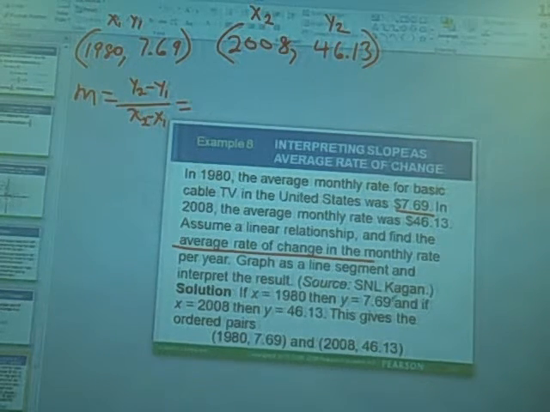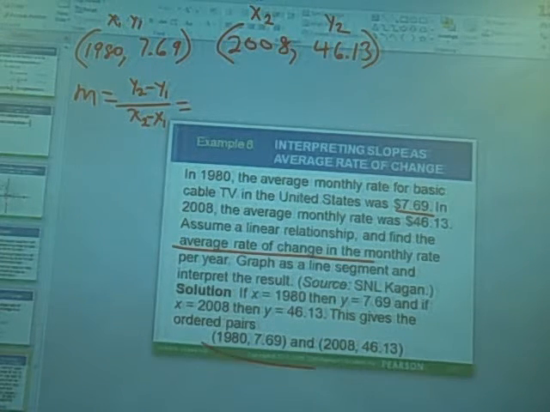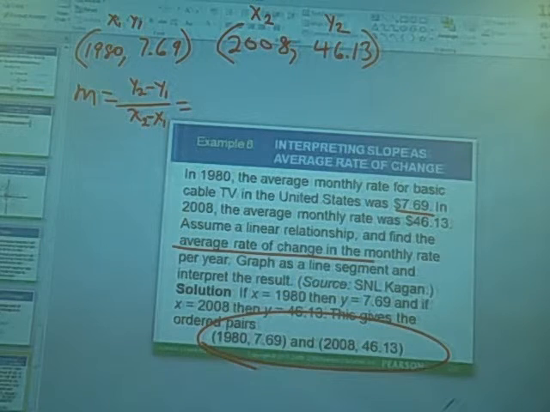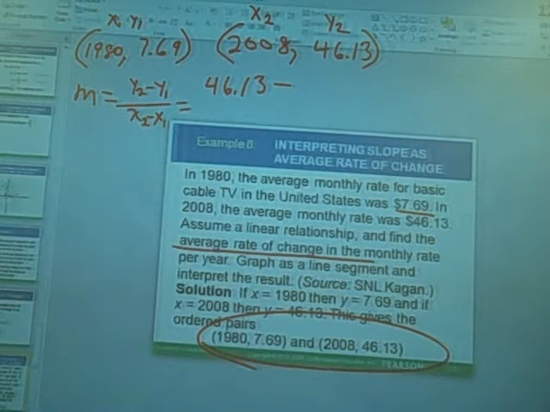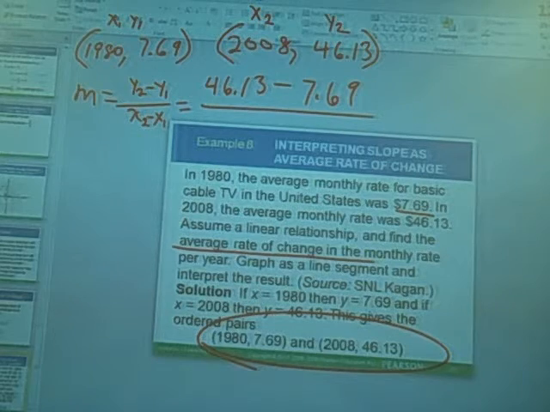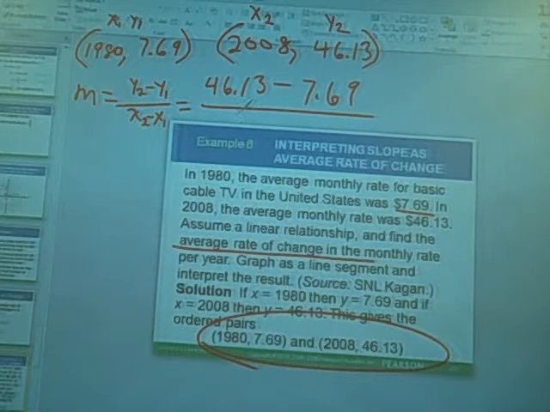Okay? And so basically this is what they gave you for your points. We did them up here. So y2 is 46.13 minus y1, 7.69, over, what are we going to put for the denominator?